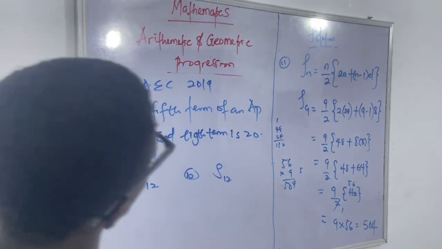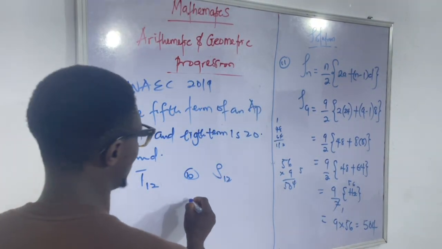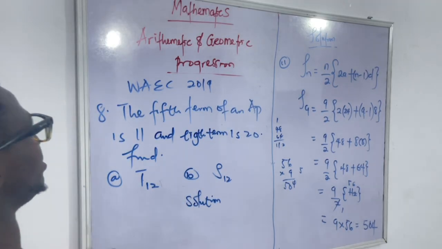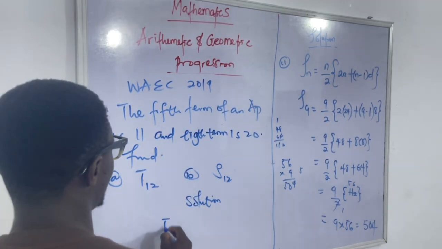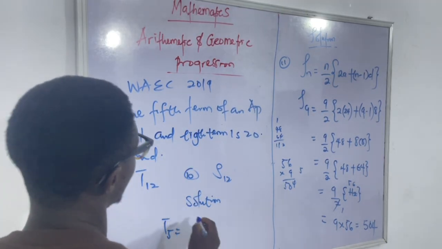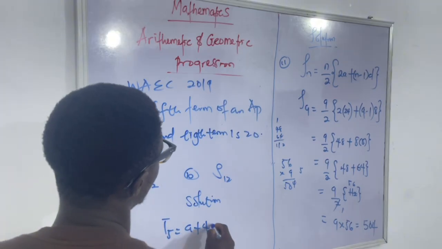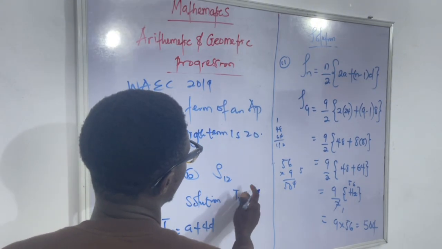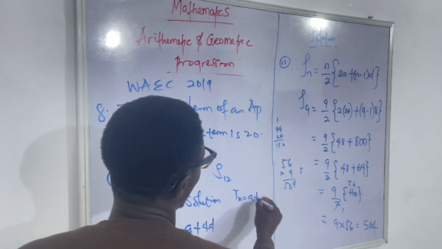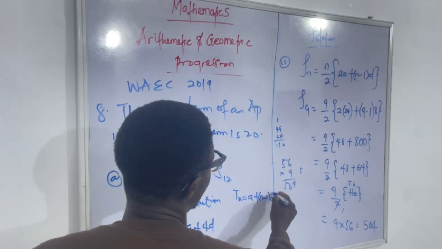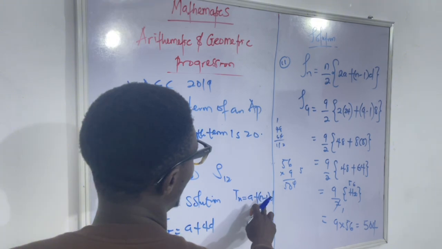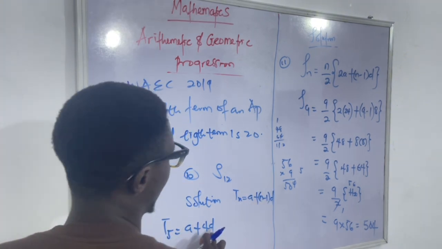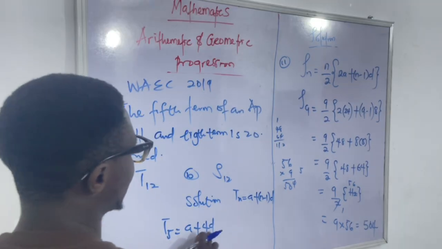So what we want to do is no far-fetched. We just need to solve simultaneously. So the fifth term T5 is what? A plus 4D, from the formula Tn equals A plus (n minus 1)D. Are we together? So n is 5, 5 minus 1 is 4, 4 multiplied by D is 4D.